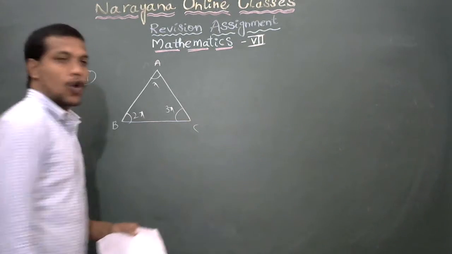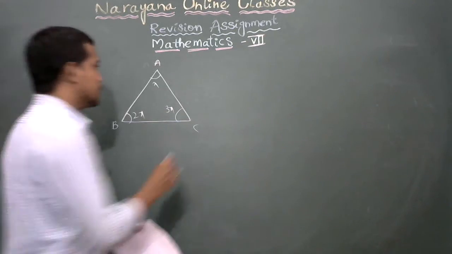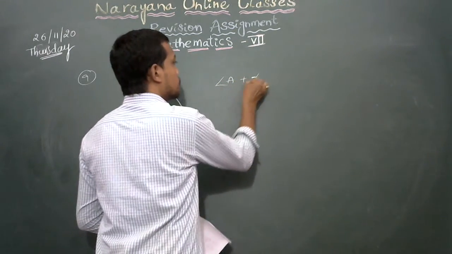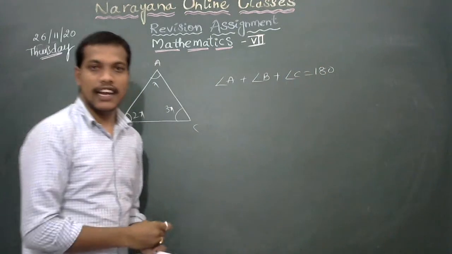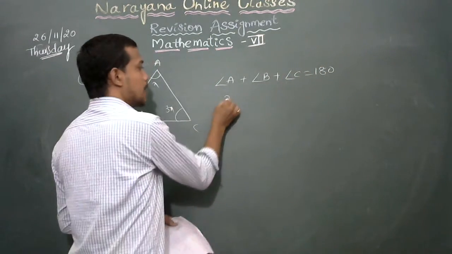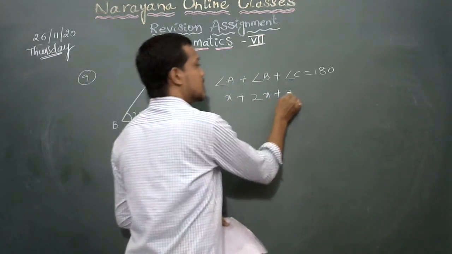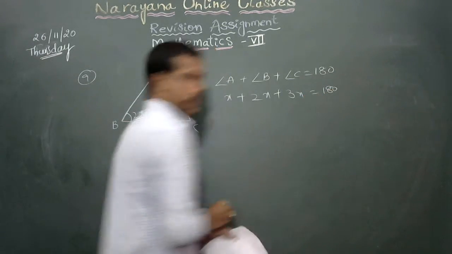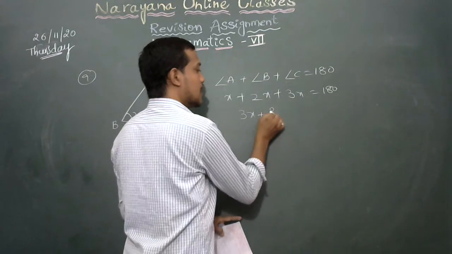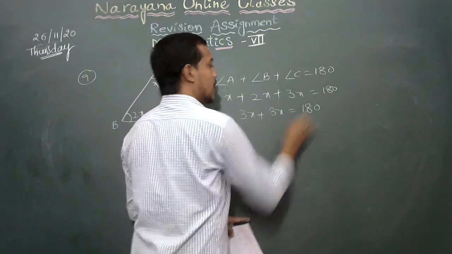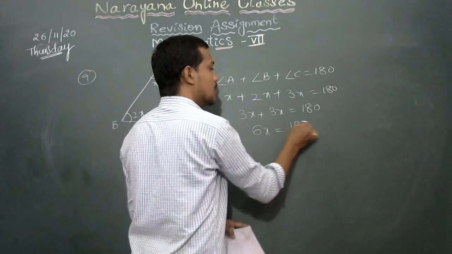We know in a triangle the sum of all three angles is equal to 180. So angle A plus angle B plus angle C equal to 180 degrees. Angle A is x, angle B is 2x, angle C is 3x, which is equal to 180. x plus 2x is 3x. 3x plus 3x means 6x. 6x equal to 180.